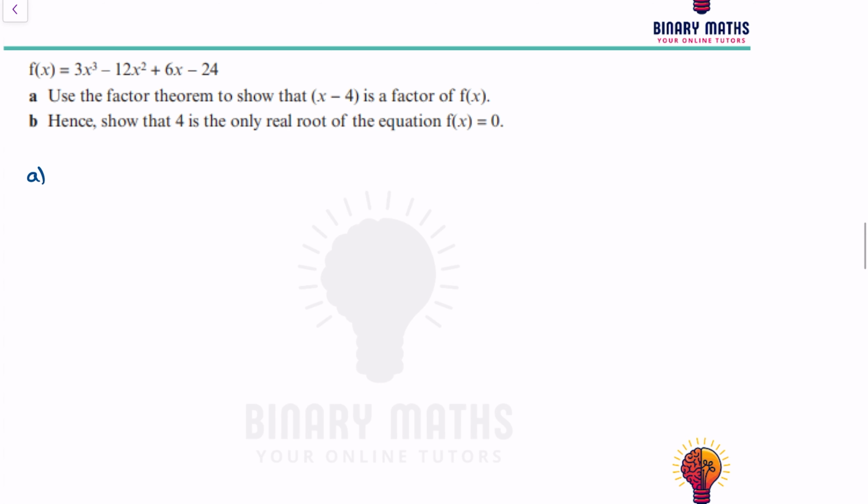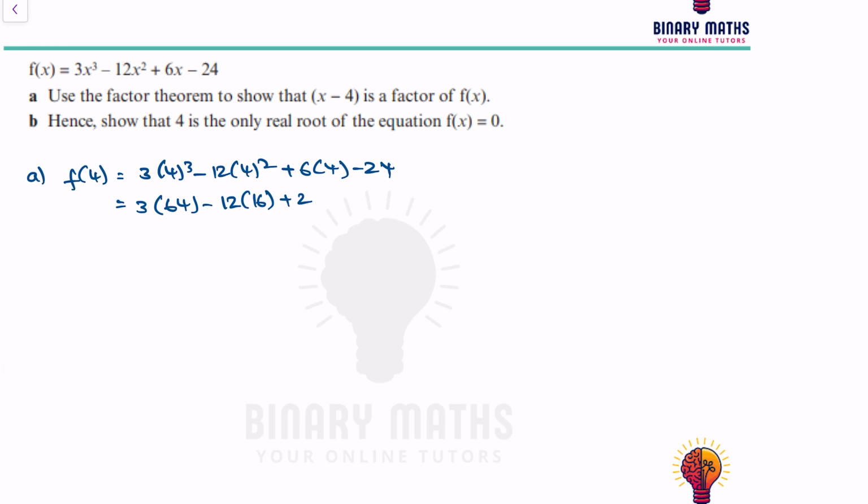So if I substitute f of 4 in, then 3 times 4 cubed minus 12 times 4 squared plus 6 times 4 minus 24 is 3 times 64 minus 12 times 16 plus 24 minus 24. 3 times 64 is 192. 16 times 12 is 192, plus 24 minus 24, which gives me 0.